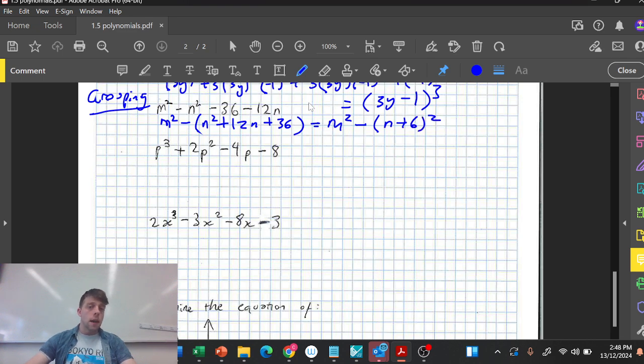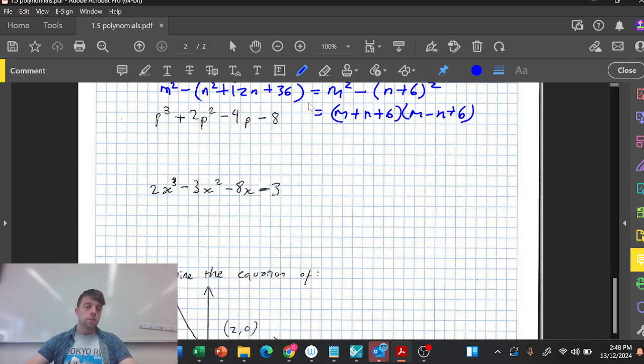So we factorize that part, and now this is actually a difference of two squares. So we can factorize this as m plus n plus 6 times m minus n plus 6. And that would be the answer fully factorized. That method that I just showed you is called factorizing 3 and 1. This one here is factorizing by grouping 2 and 2.